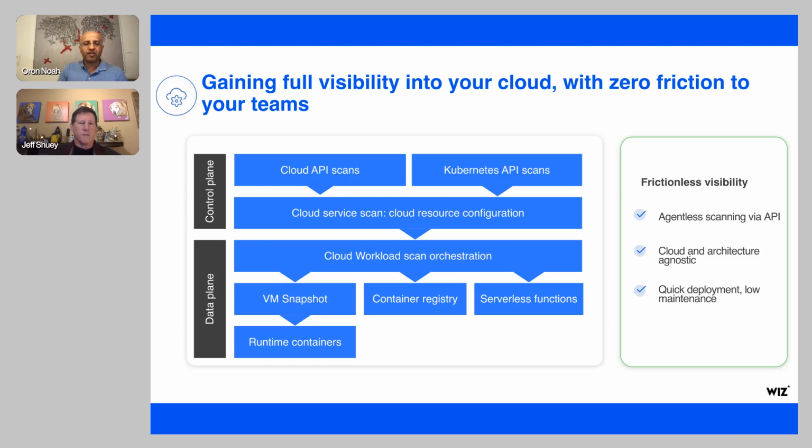Yeah, that's a good one, Jeff. Basically the way we approach that is that in Wiz, we connect to your entire cloud environment. We have one connector for Oracle, another for GCP, another for Amazon, every cloud that you pick.